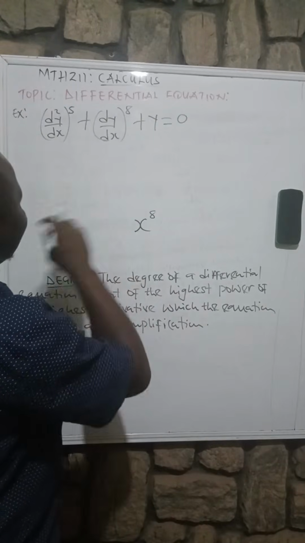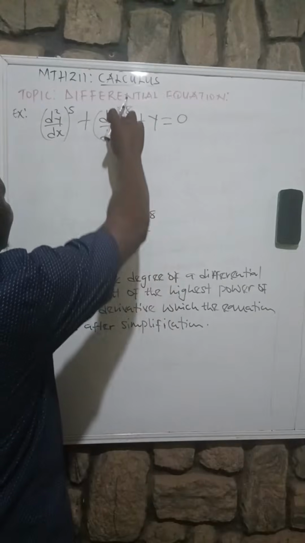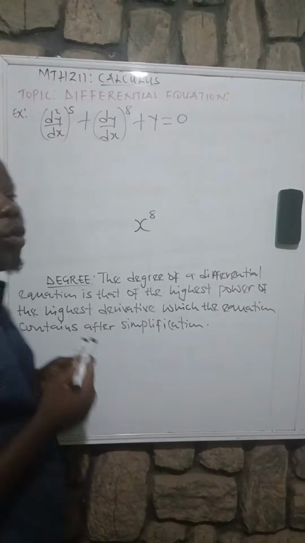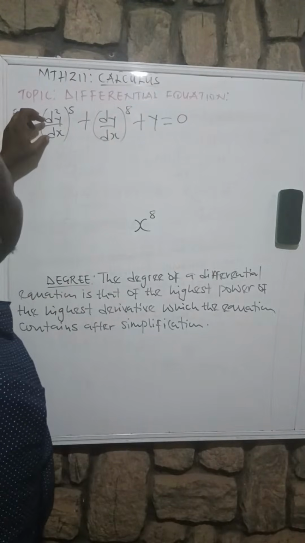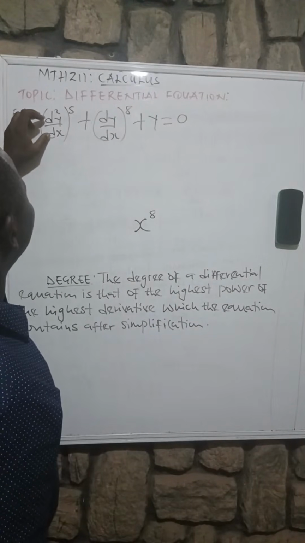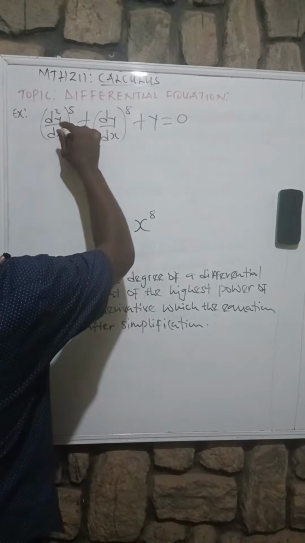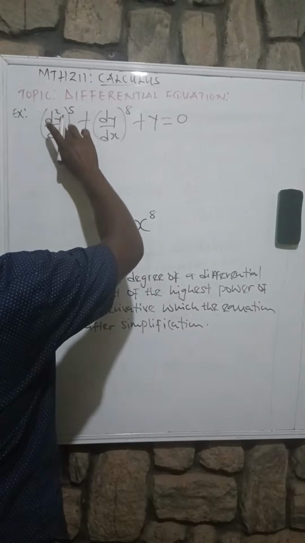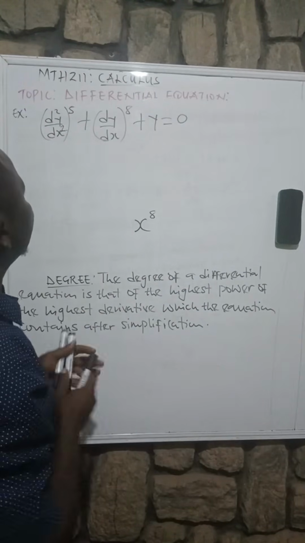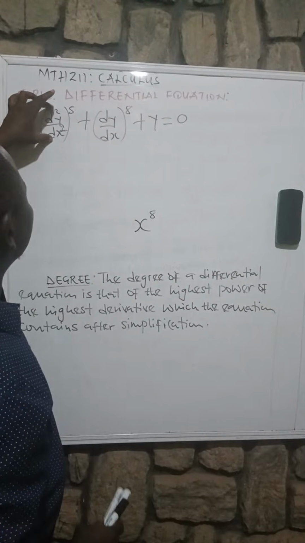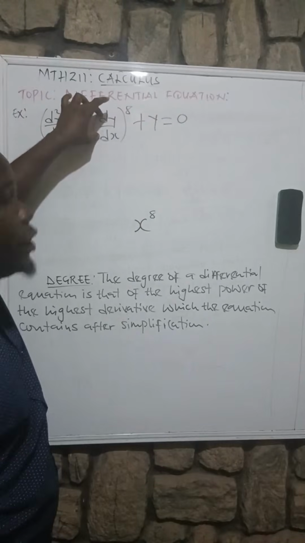So when we say highest derivative, look at this. What is inside this bracket? Then look at what is inside this bracket. Which one is the highest derivative? You agree with me here that this one is the highest derivative compared to this. True or false? It's true.